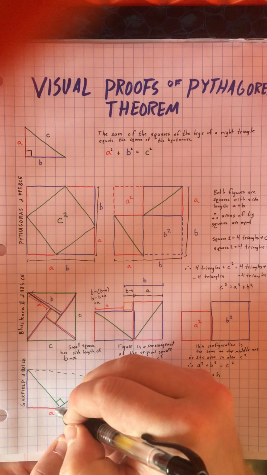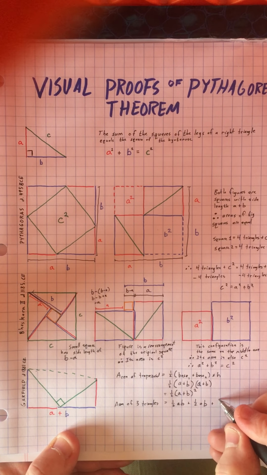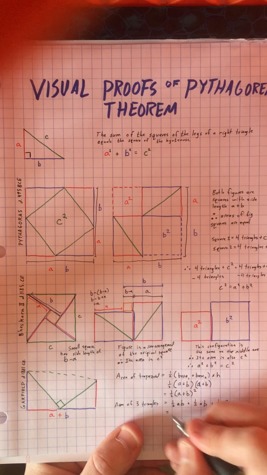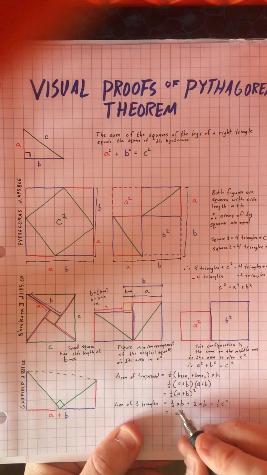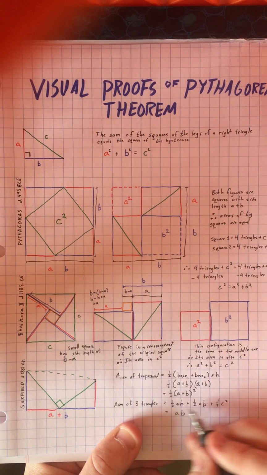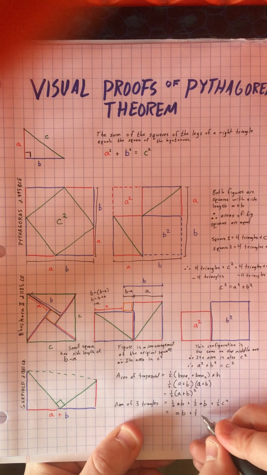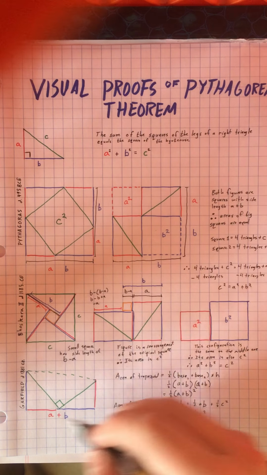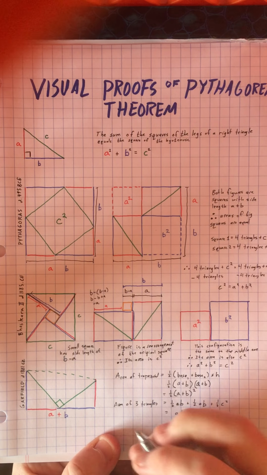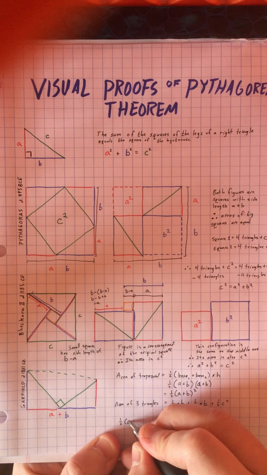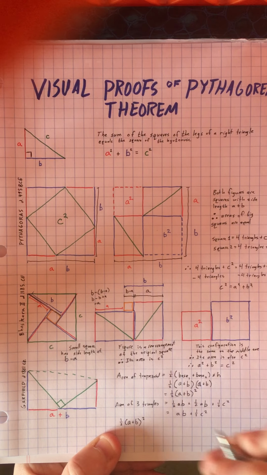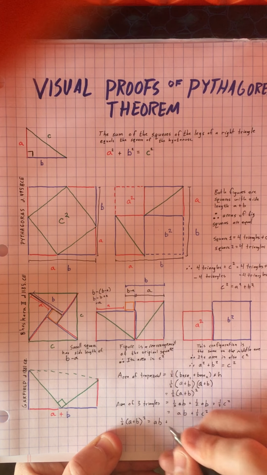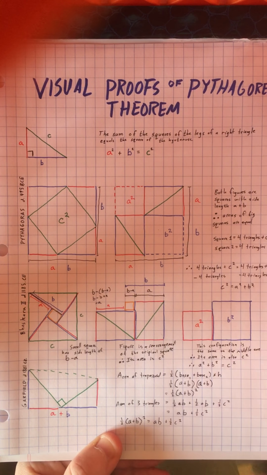The green triangle has side lengths of c and c, so it's 1/2 c squared. So the area of the three triangles is 1/2 ab plus 1/2 ab, which is a whole ab, plus 1/2 c squared. Now these two areas should be equal to each other, either the area of the trapezoid or the area of the three triangles. So that lets me say that 1/2 (a plus b) squared has to equal ab plus 1/2 c squared.